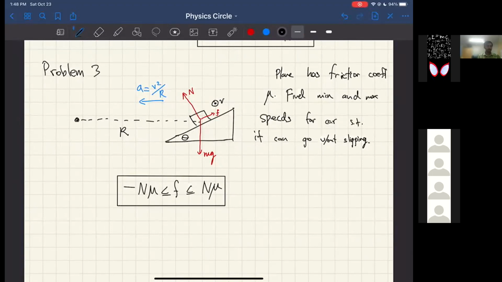Now, why is the center of rotation not on the ramp? Okay, somebody asked this, and this is why I was asking if the setup was clear. The setup is that you should imagine a really, really large radius circular track. So I have some racetrack, which is a big circle, right?